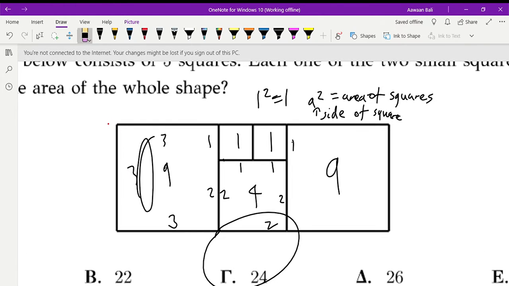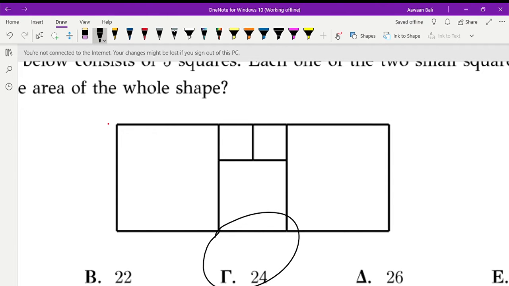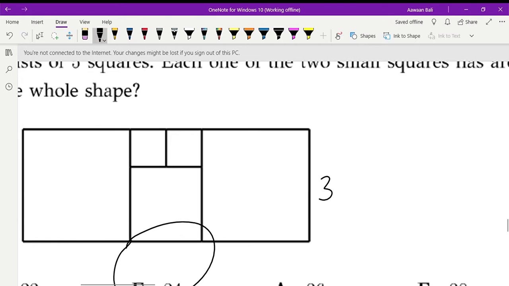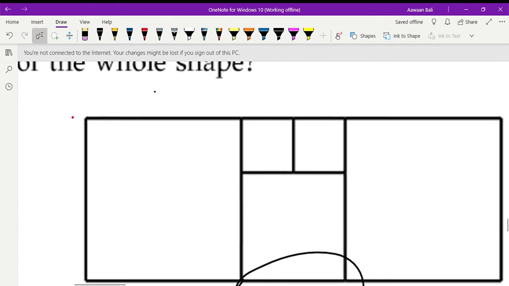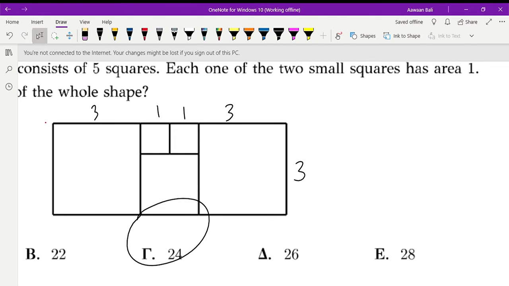But actually, there's another way you can do this. Since we know all the dimensions already, we know that this side is 3 here, this side is 3, this side is 3, and there's 1 and 1 here. Now we know the area of a rectangle is length times breadth. And we know that this here is the breadth.